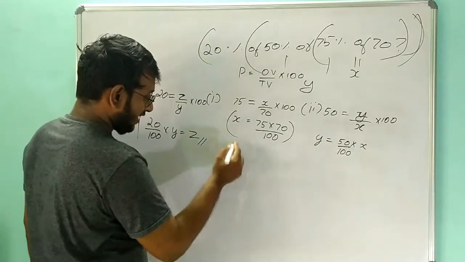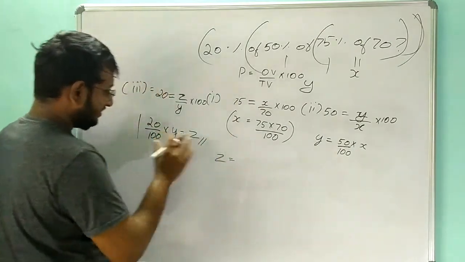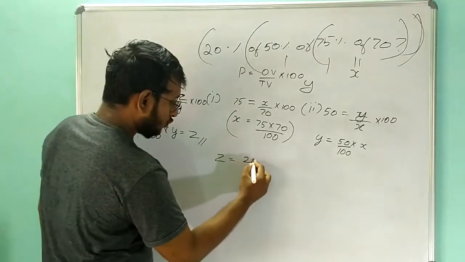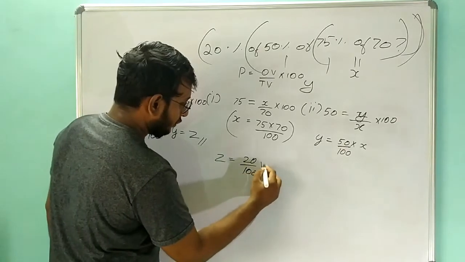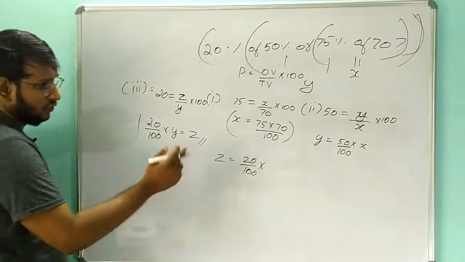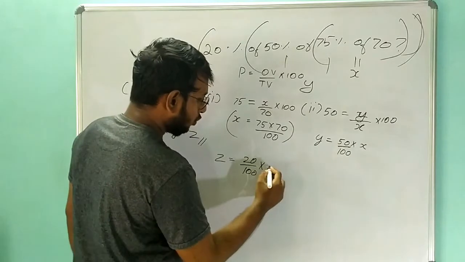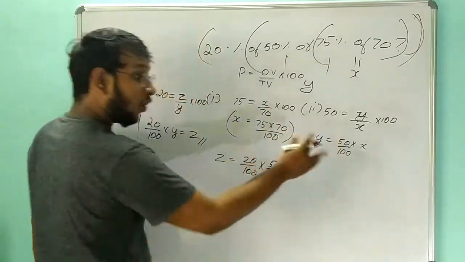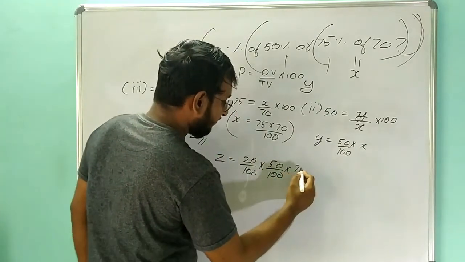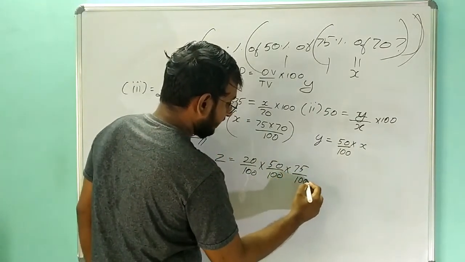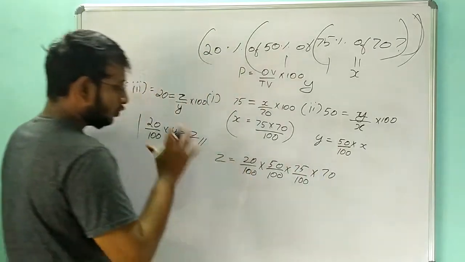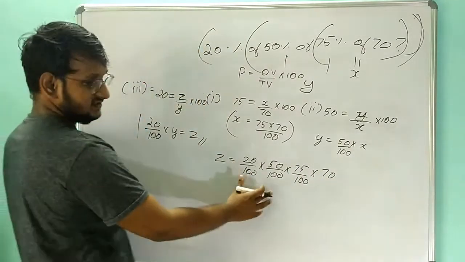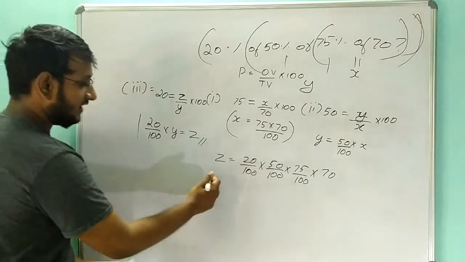So z is equal to, I will write the whole values, 20 divided by 100 into y. What is y? y is equal to 50 divided by 100 into x. What is x? x is equal to 75 divided by 100 into 70. So 20 percentage of 50 percentage of 75 percentage of 70 is this, okay? If we calculate this, we will get the z value.